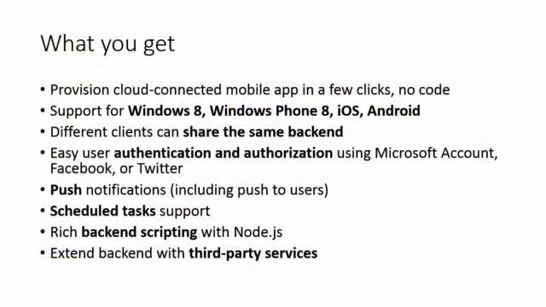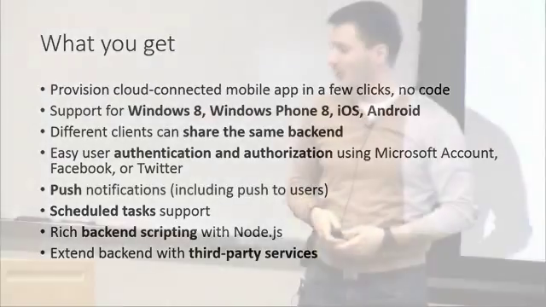So what do you get from your mobile services backend? What are the things that we provide for you? I already mentioned we provide a backend, basically a SQL database with tables for the entities you'd like to store. We support a variety of clients. Like I mentioned, we just today released to production our HTML client.